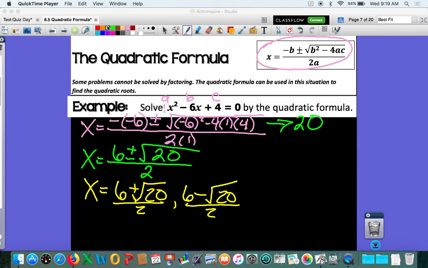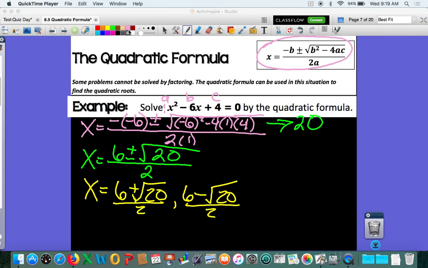This is where we have to use our calculator. If your calculator has a fraction button, the n over d button, then you can push that and just type in your top and then your bottom. If your calculator does not have a fraction button, you have to use a lot of parentheses. I'm going to show you how to type it in.